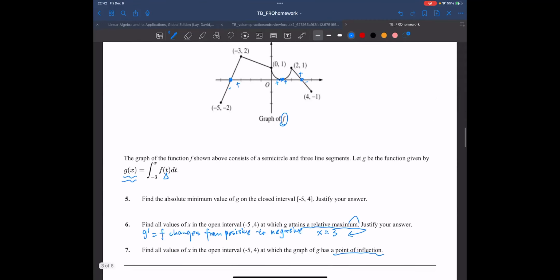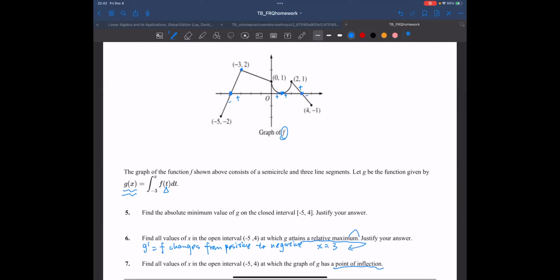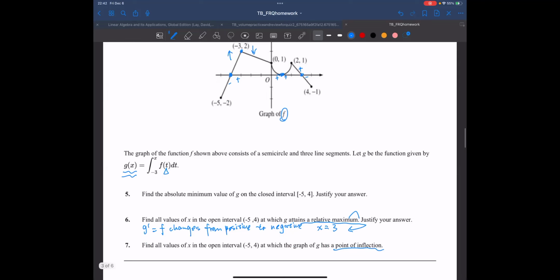So for critical points and local maximum, local minimum, something happens from increasing to decreasing, or from decreasing to increasing. So we can see it here, 1, 2, 3. X equals 0 is not the inflection point because it changes from decreasing to decreasing.